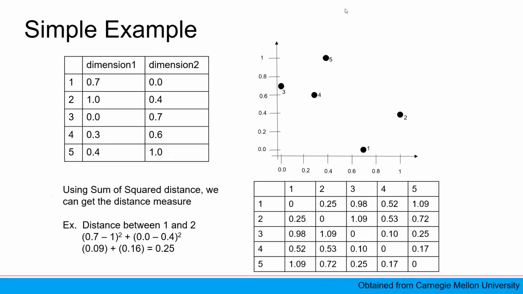You already know some ways. We know the Manhattan distance, we know the Euclidean distance, and we know the supremum.